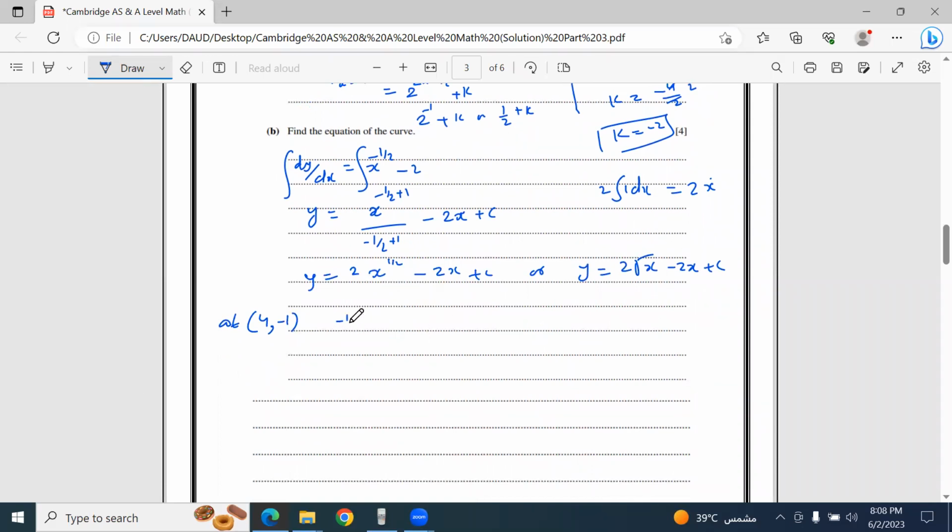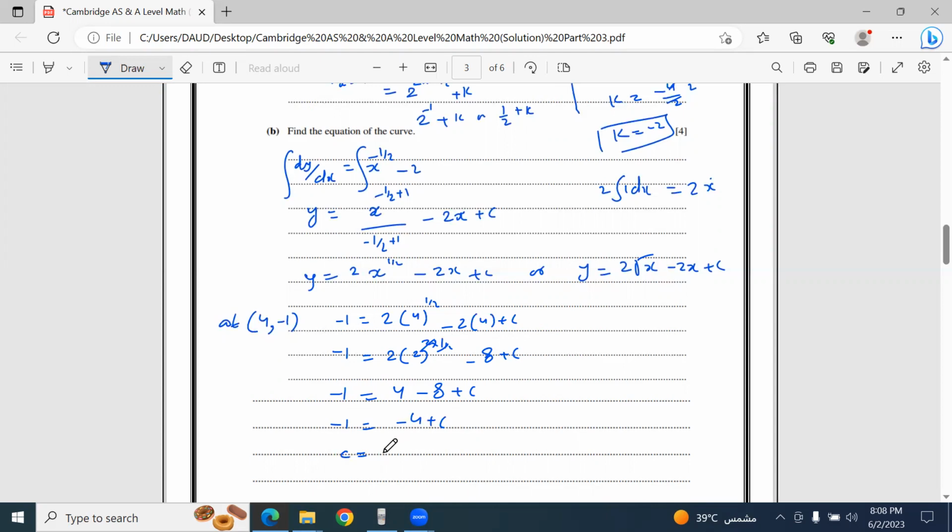It would be: minus 1 is equal to 2 into 4 power 1/2 minus 2 into 4 plus c. So minus 1, this is 2 power 2 multiplied by 1/2, minus 8 plus c. So minus 1 is equal to, cancel 2 and 2, 2 multiplied by 2, 4, minus 8 plus c.